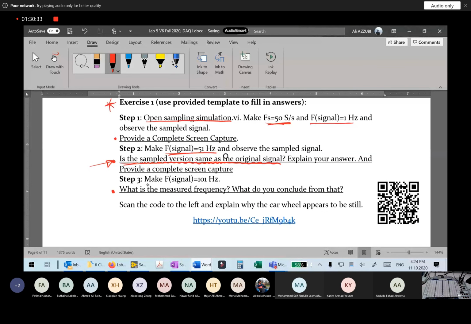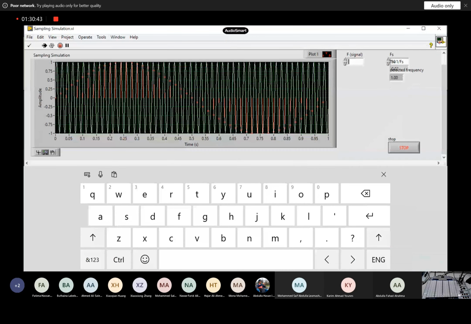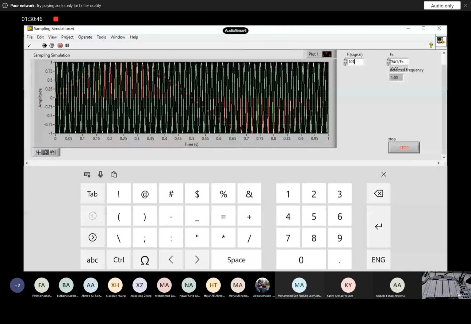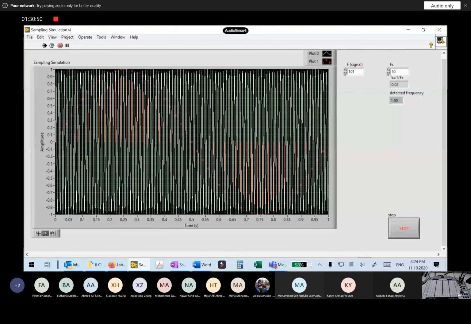So if you make the signal as 101 hertz, what does this show? Let's try this. 101. Okay, I see the real signal has changed, but still what you measure here is 1 hertz. Okay.